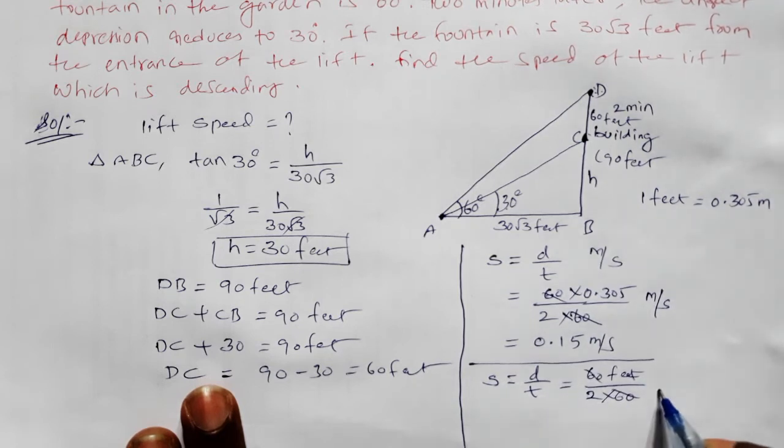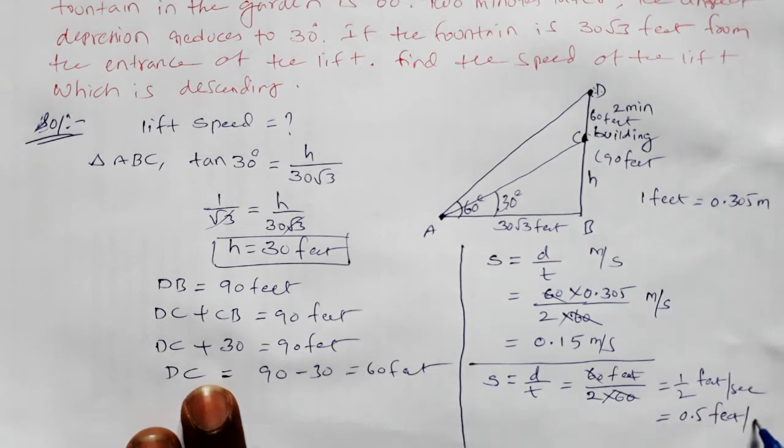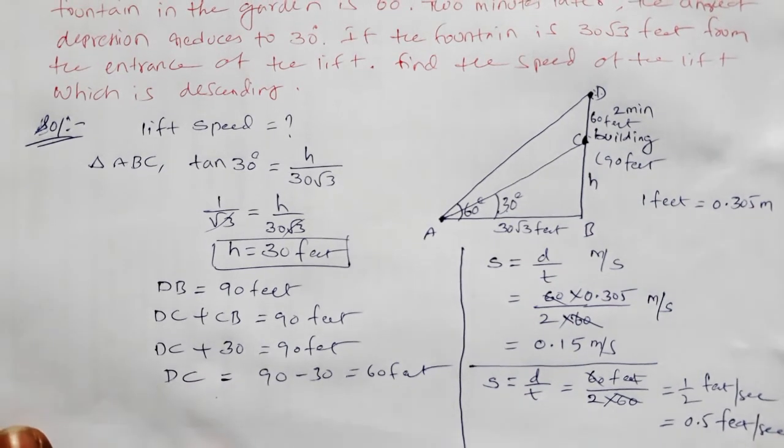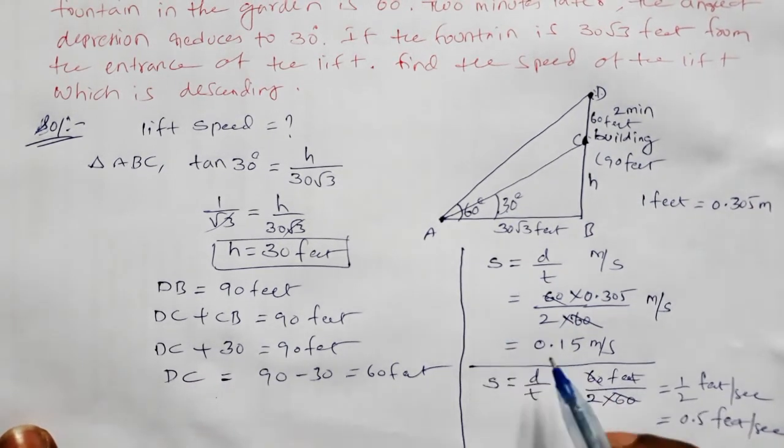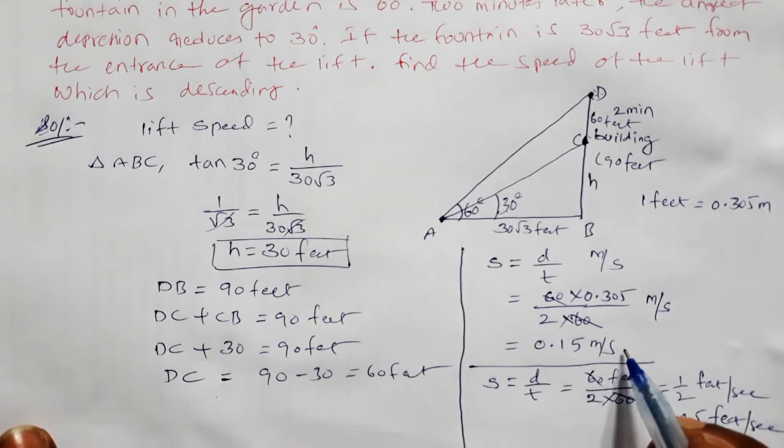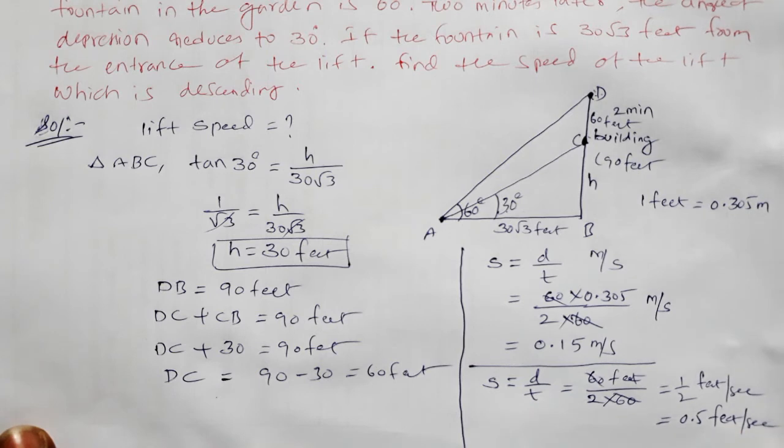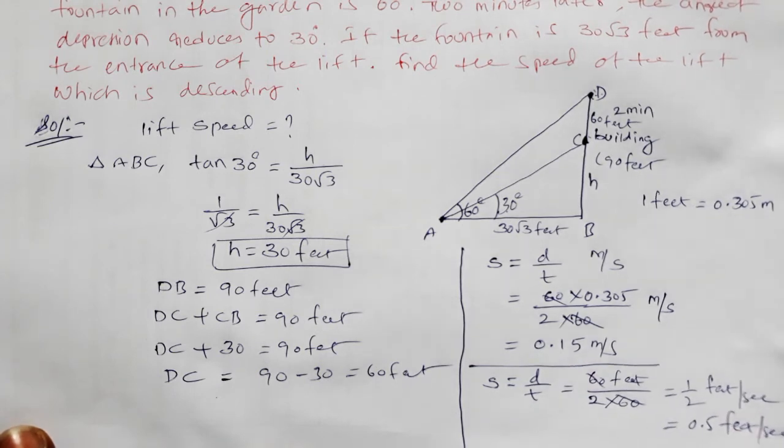So 60 by 120 is 1/2 feet per second, nothing but 0.5 feet per second. That's it. Okay. So this is the problem. The answer is speed equals 0.15 meter per second. Otherwise speed equals 0.5 feet per second. These two answers you can write.